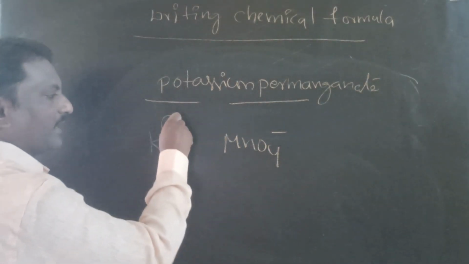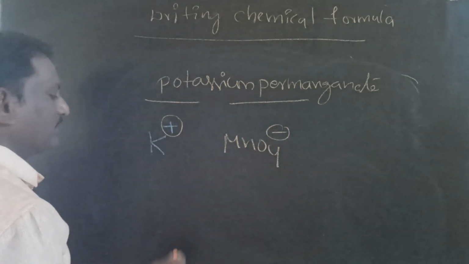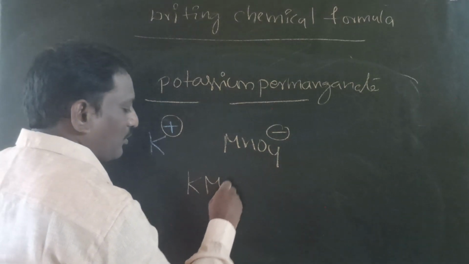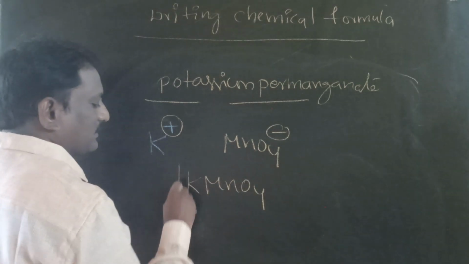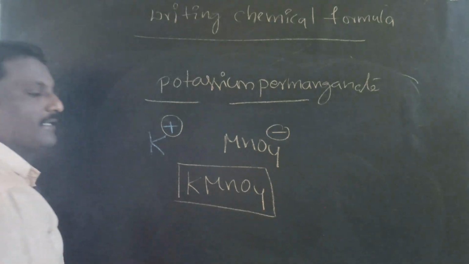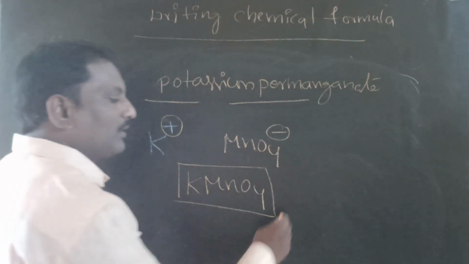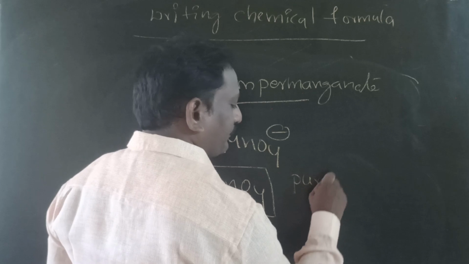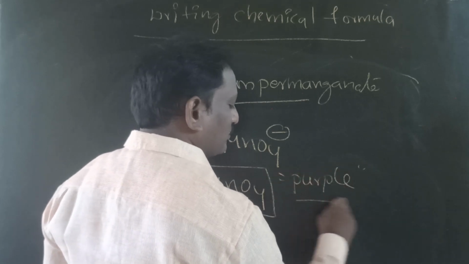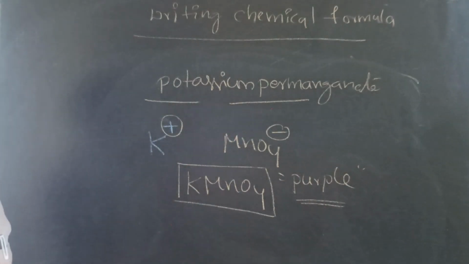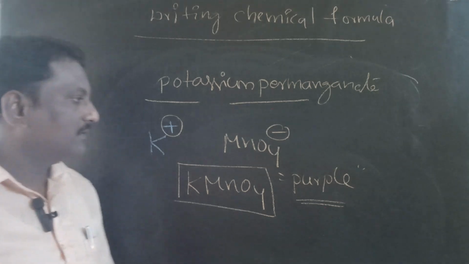So both are equal in magnitude. So that's why directly we should write KMnO4, potassium permanganate, a purple color solid.